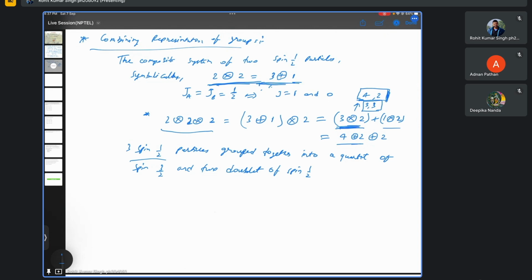But what we have seen experimentally is that this thing is observed in nature, this 4 plus 2 plus 2 structure. So when you form this spin half baryon octet, you have three spin half particles, right?